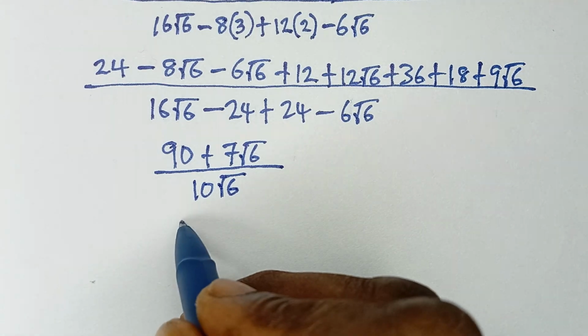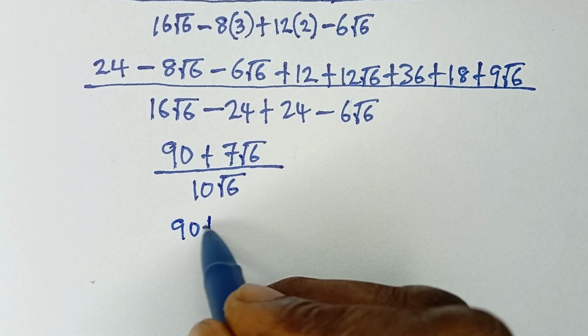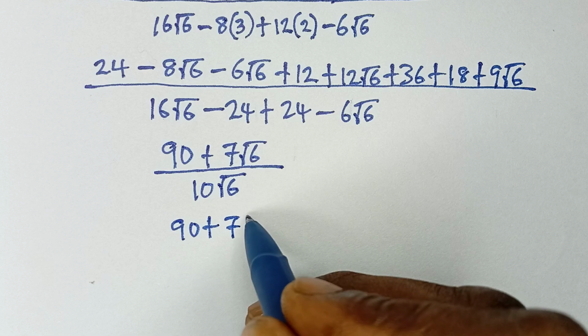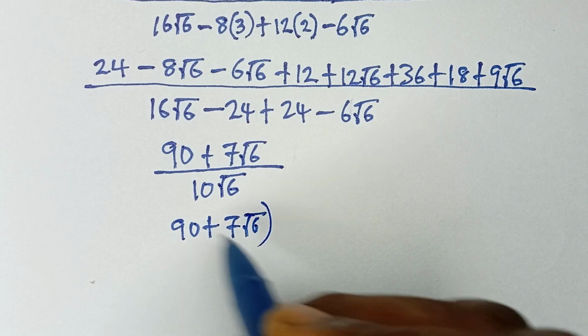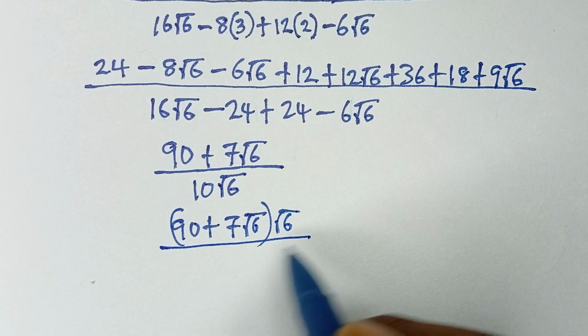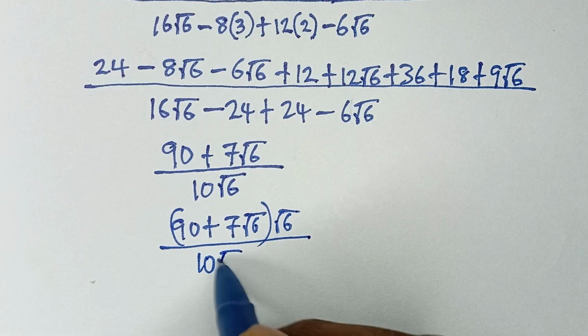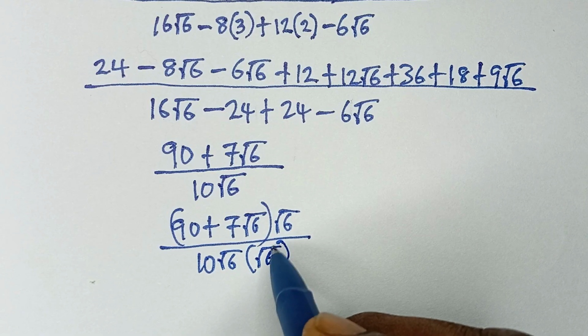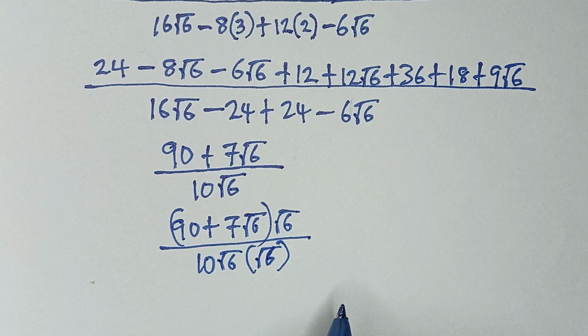So I have 90 plus 7 root 6, all multiplied by root 6, then over 10 root 6, all multiplied by root 6, in order to rationalize the denominator.